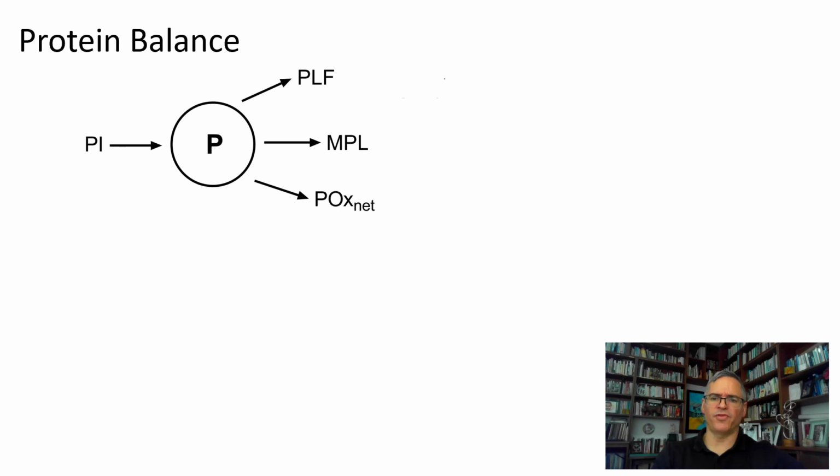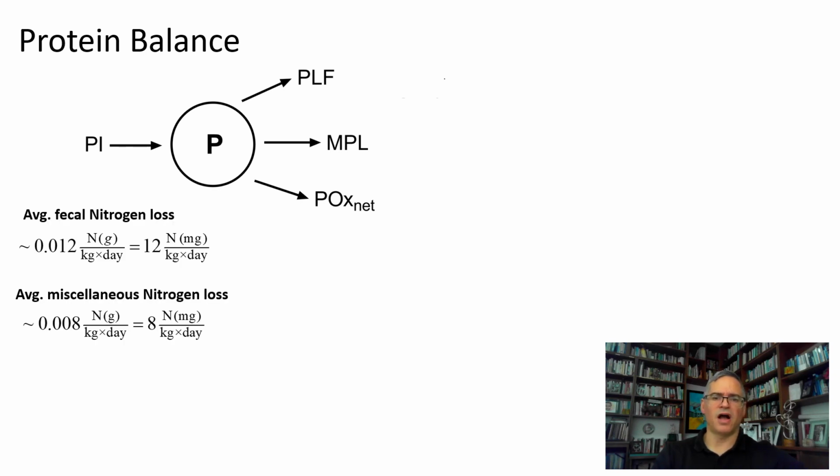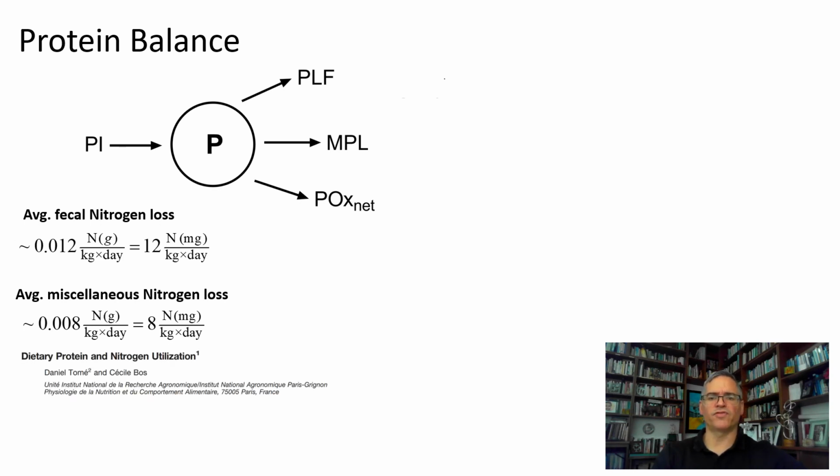Under a protein-free diet, the average fecal and miscellaneous nutrient losses are near 12 milligrams per kilogram of body mass per day and 8 milligrams per kilogram of body mass per day, where this data was taken from the work of Tomé and Boss in 2000.